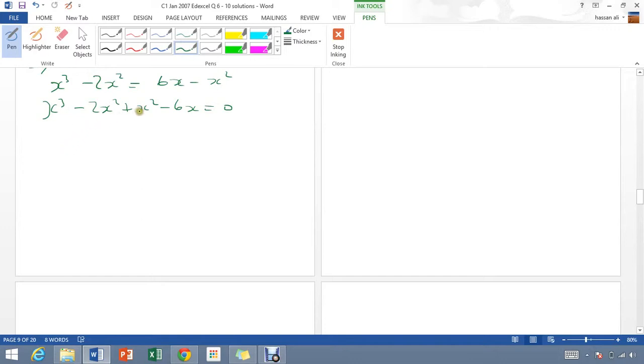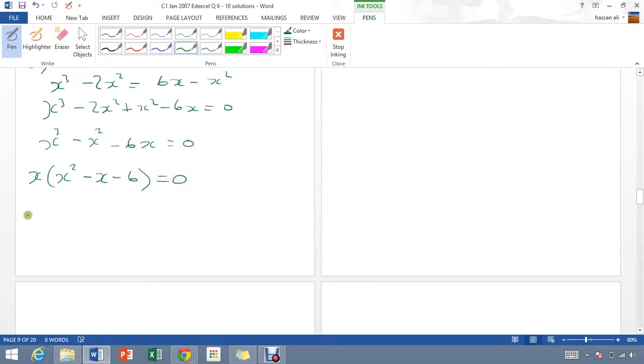Right, so I've got minus 2x squared plus x squared, which gives x cubed minus x squared minus 6x equals 0. Now if I factorize this, they've all got x in common, so x times (x squared minus x minus 6).